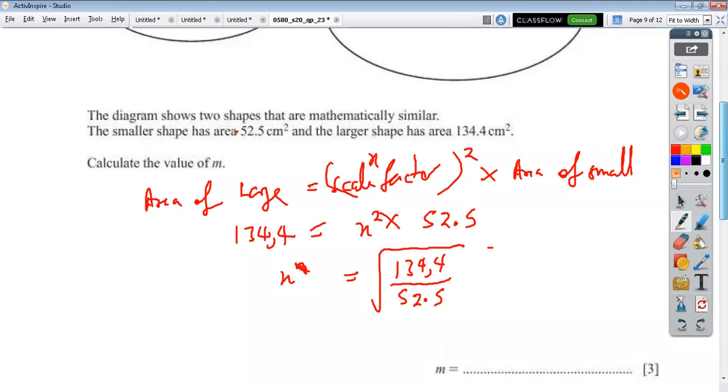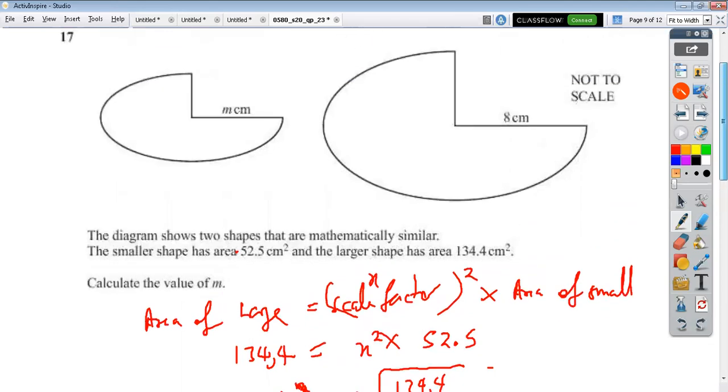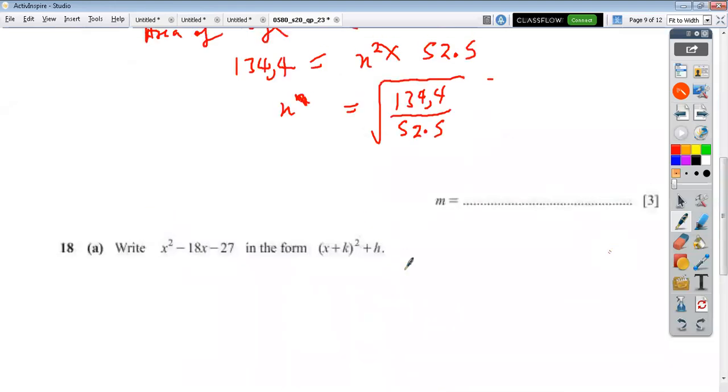Yes, sir. So this is x, that's what you want. Now we want to find the small. If you want to find for the large, you multiply. If you want to find for the small, you simply say 8 centimeters divided by the scale factor. This is 8 centimeters divided by the scale factor, the square root of 134.4 over 52.5.